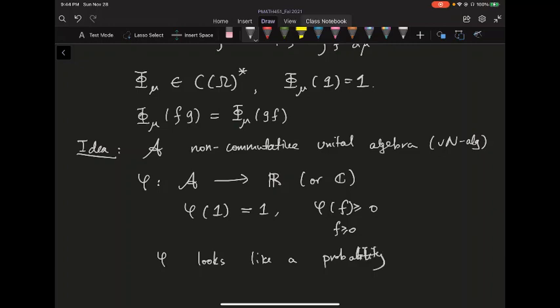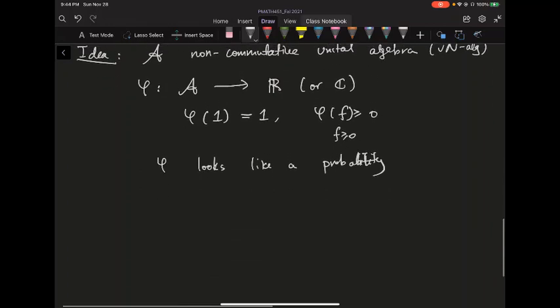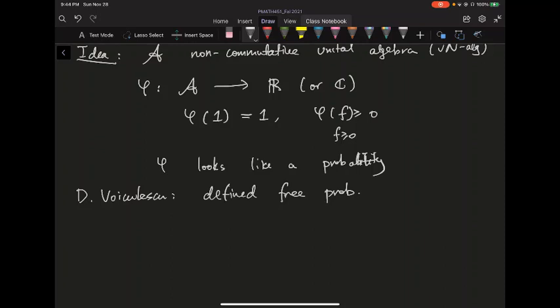So this is kind of the idea behind free probability, and this theory is fairly recent, actually developed by Dan Voiculescu. He developed this idea of free probability. And a lot of the classical probability theory, for example, last week I talked about independence, has a free analog in free probability.